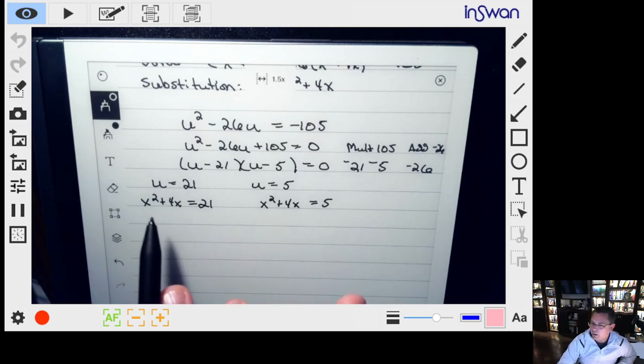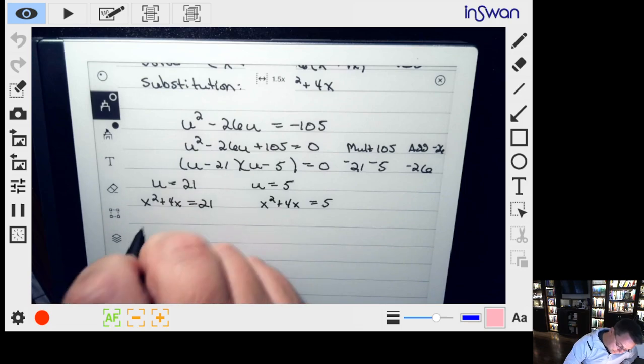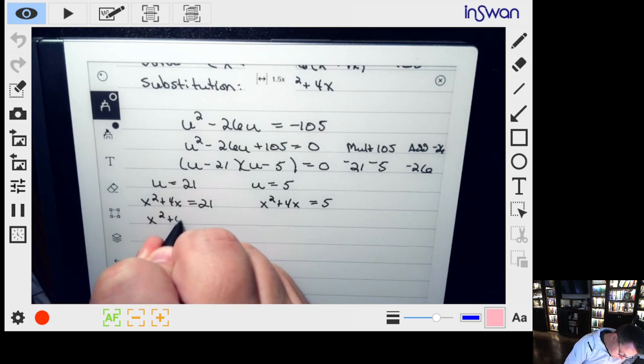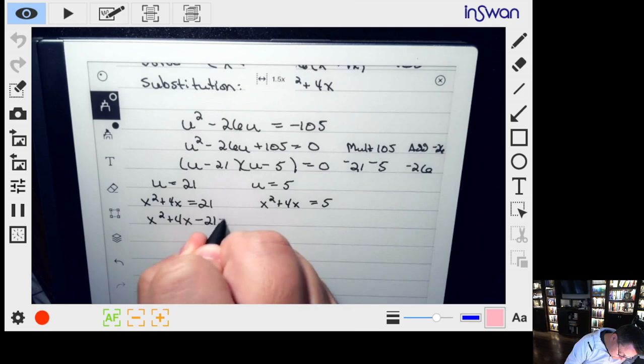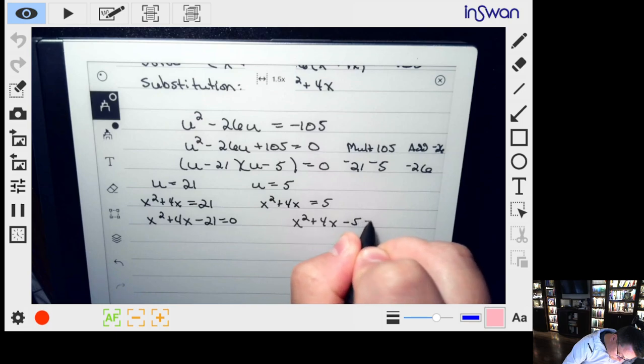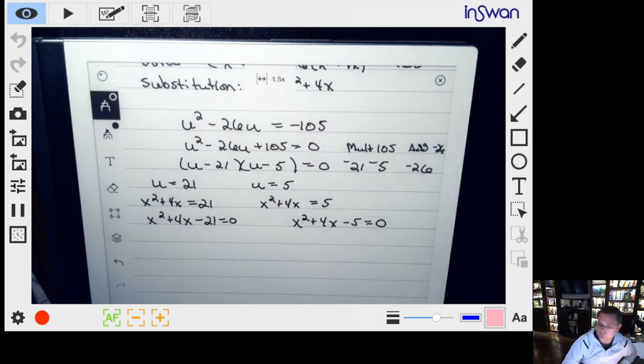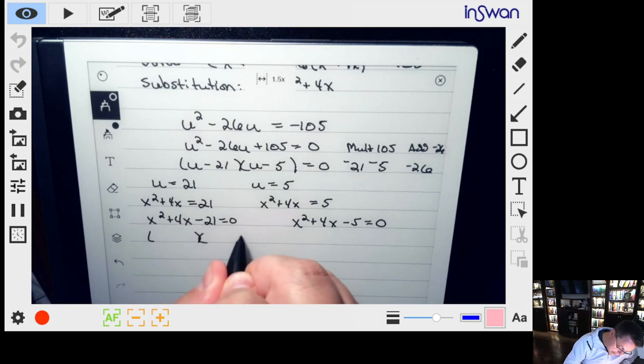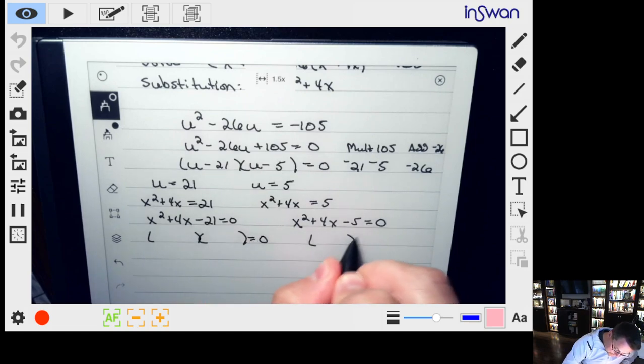Okay, well that's not a big deal because this and this, they're just nice little quadratics. So we're going to go ahead and solve them each separately. And there's our two little equations. And I'm going to try to factor both.